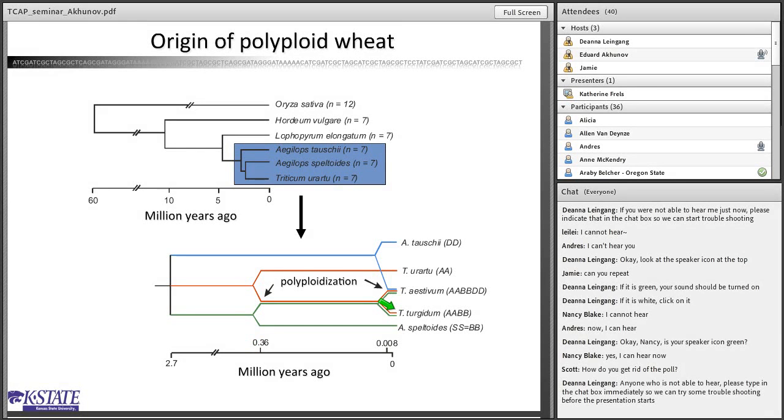Durum wheat is a tetraploid wheat. And then about 8,000 years ago, a tetraploid form of wheat hybridized with the D-genome ancestor, Aegilops tauschii. And that resulted in origin of hexaploid form of wheat.